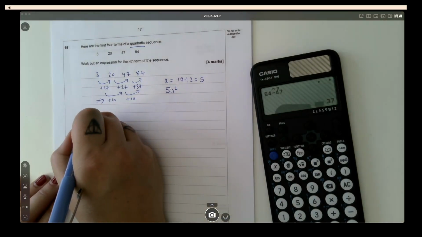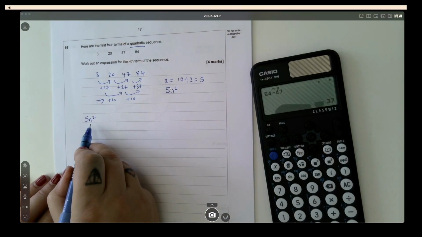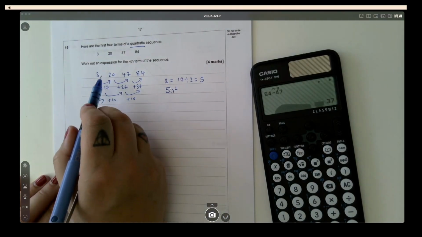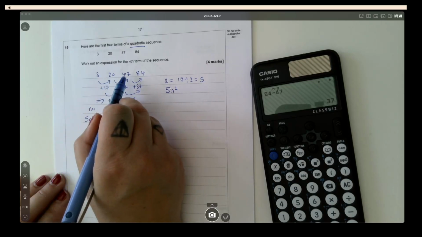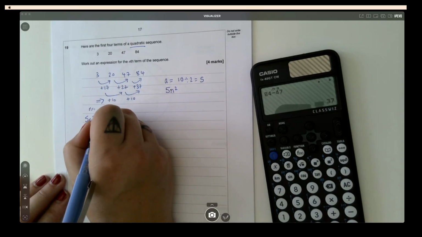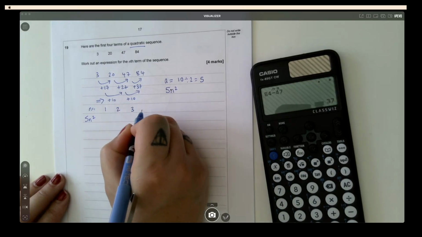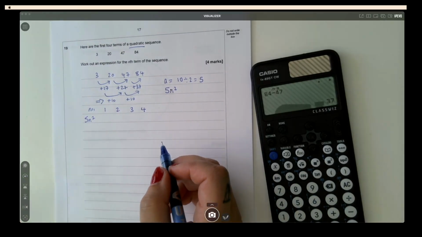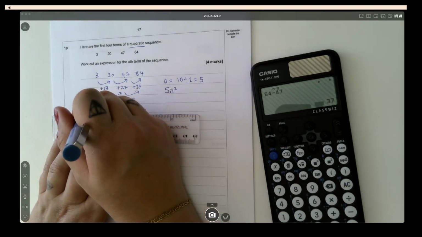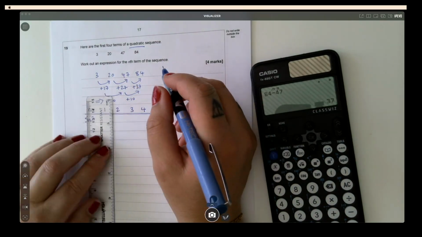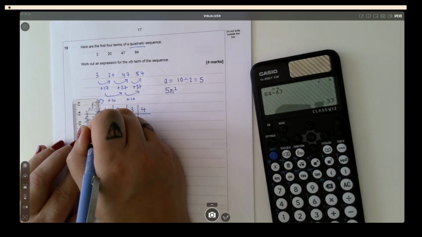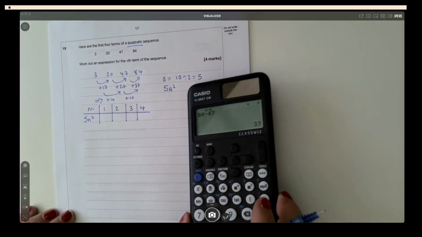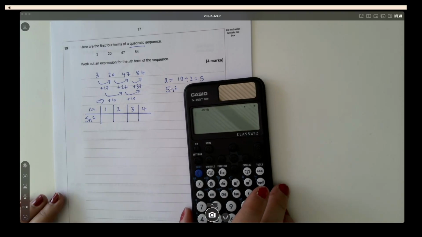So now we're going to generate the sequence for 5n squared. Let's use n values: first term, second term, third term, fourth term. Remember, you've got a calculator that you can use at all points throughout this.